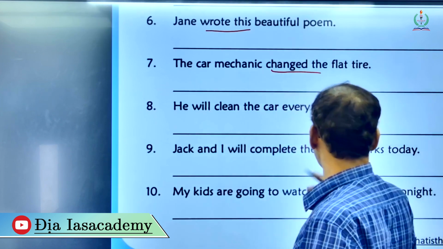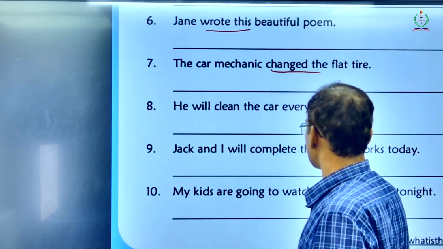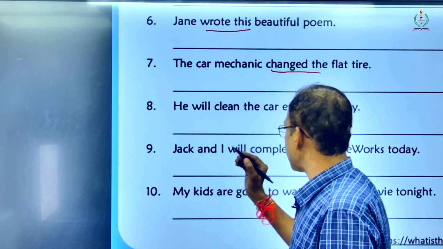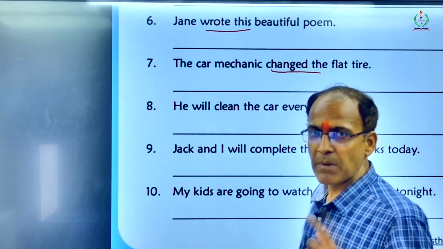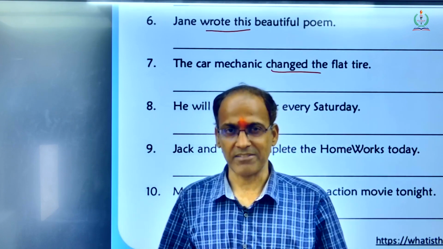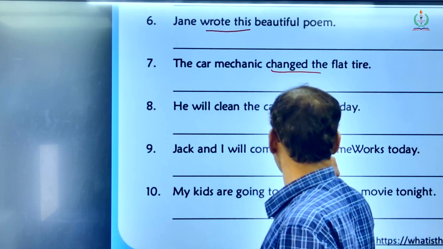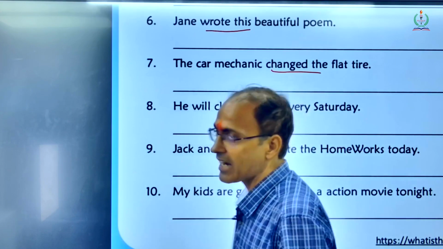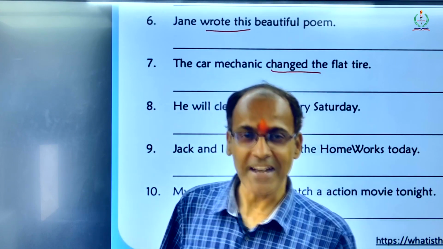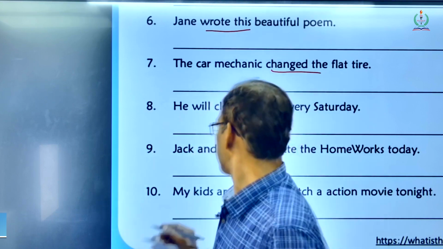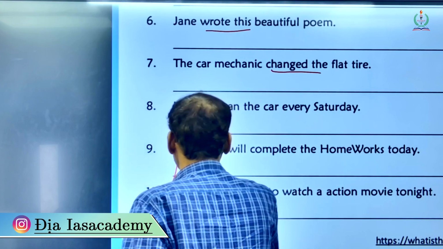The answer will be the homeworks will be completed by Jack and I today. But it will sound nice to hear when we write today, comma, the homeworks will be completed by Jack and I. This is a little bit nice to hear. So the answer will go like this.